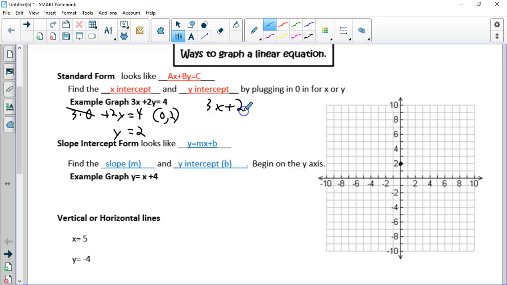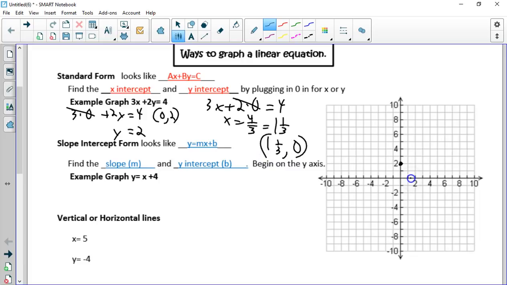Now we're going to do it again. 3x plus 2 times 0, which goes away, equals 4. We divide by 3, and we get x equals 4/3, which is exactly 1 1/3. So that's 1 1/3, comma 0.